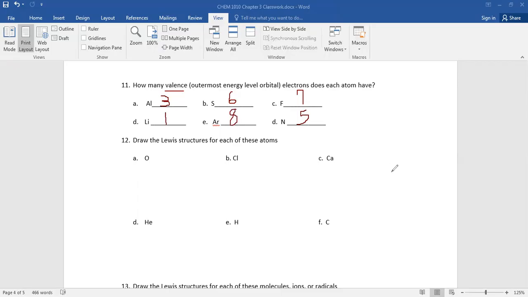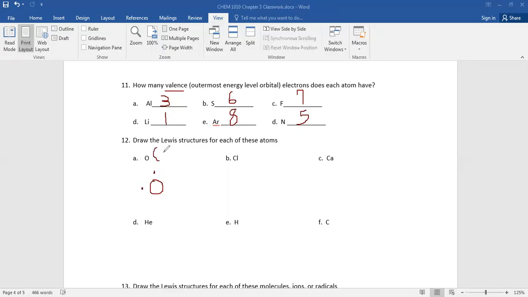And so when we draw Lewis dot structures for an atom, we draw the Lewis dot structure by placing the number of valence electrons that that atom has around the atom in pairs of 2, maximum. And so we start by simply adding 1 electron at a time to each side.